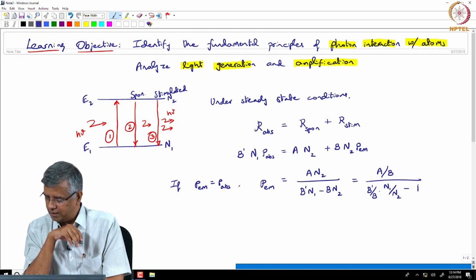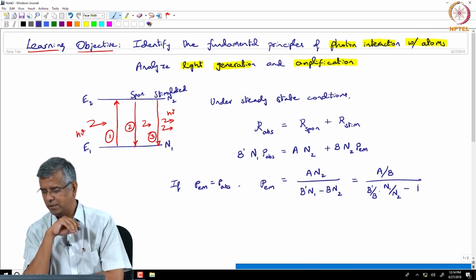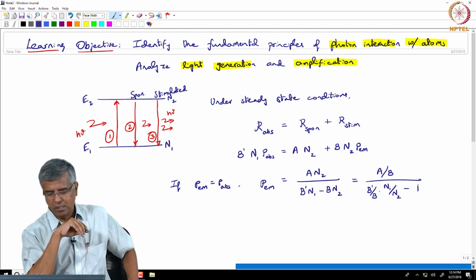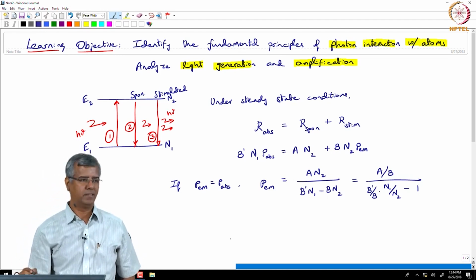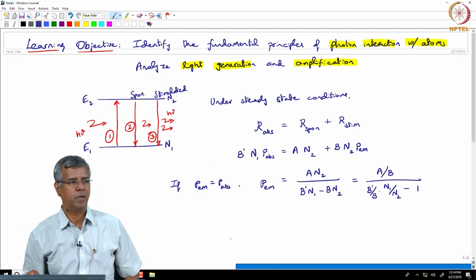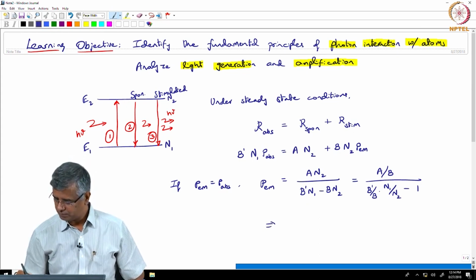To his credit, he recognized that this looks very similar to what Planck had observed for black body radiation. Okay. So, he said this is similar.